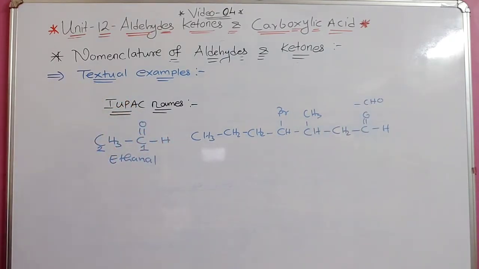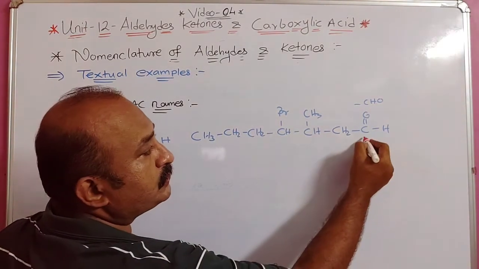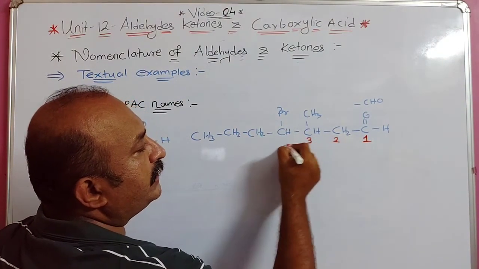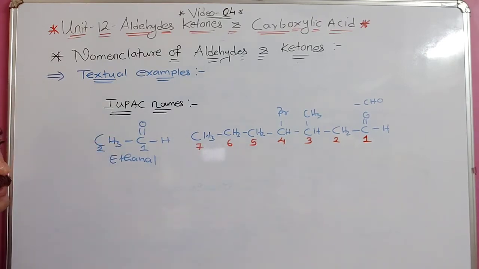Now in this case, whenever you number it, always see that the aldehyde carbon must get the first number. So this will be 1, 2, 3, 4, 5, 6 and 7.